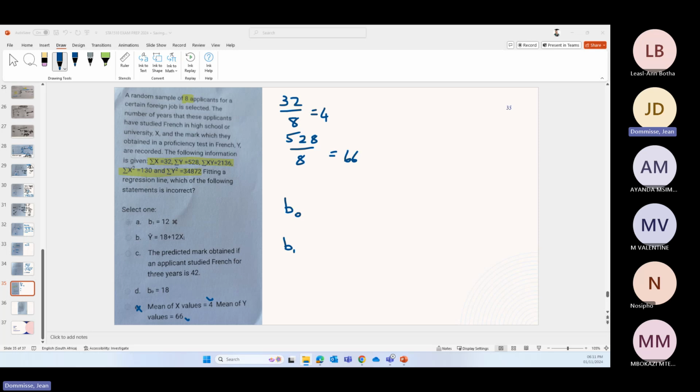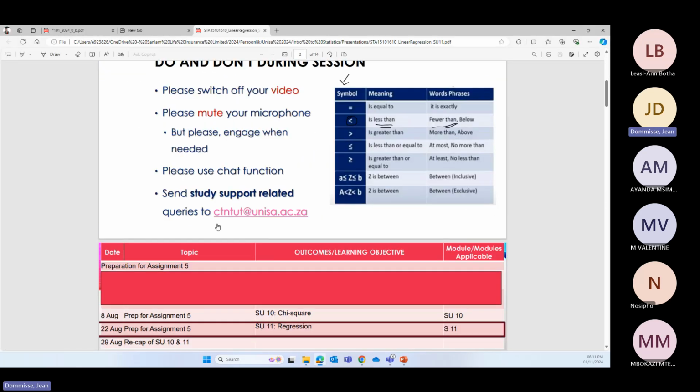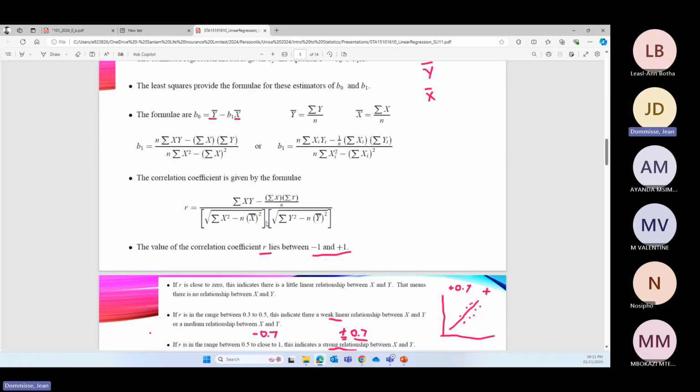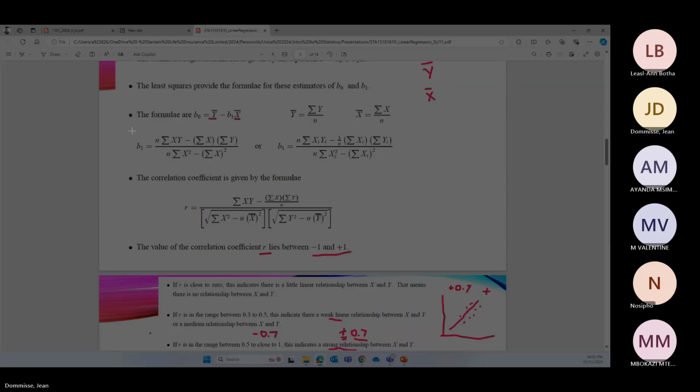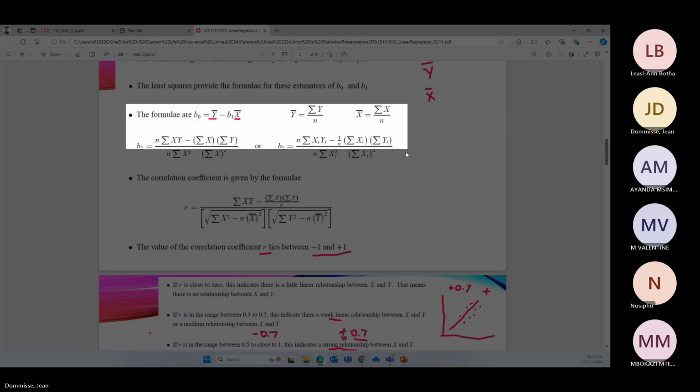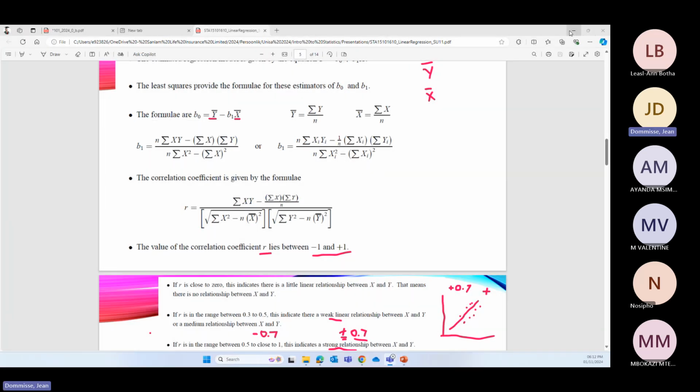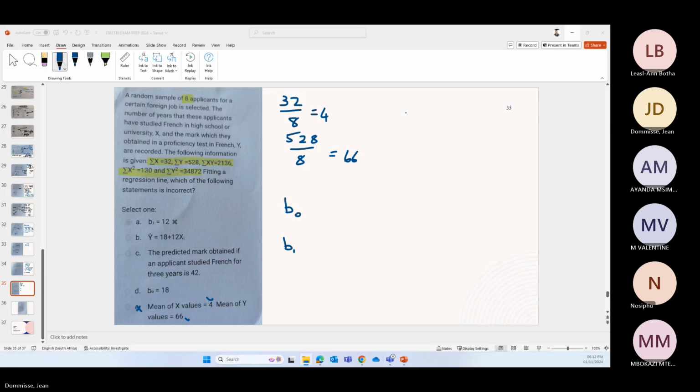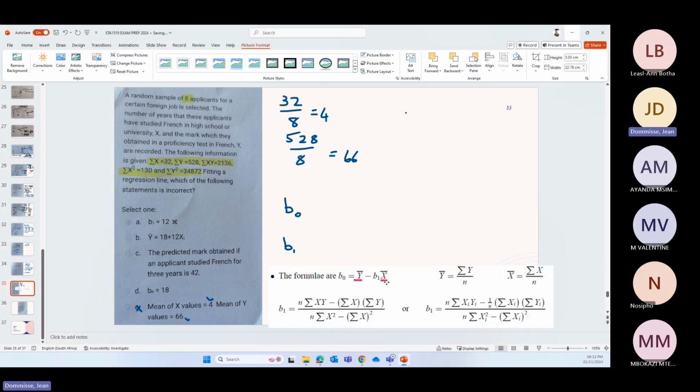So let's just quickly go to study unit 11. So this is a PDF, but where we have the information. Okay, so here we have it.